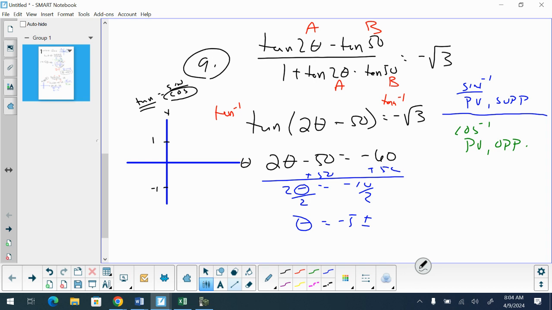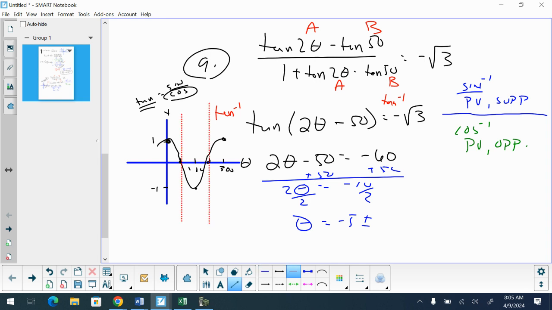So if we graph our cosine, we start at our peak, 360 we're at our peak, 180 we are at our valley, and we cross our axis here. Wherever we crossed our axis, we had our vertical asymptotes.